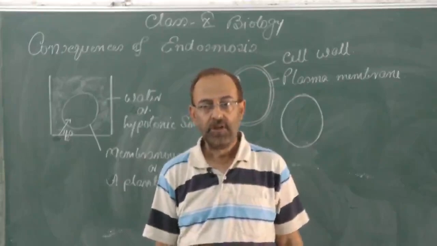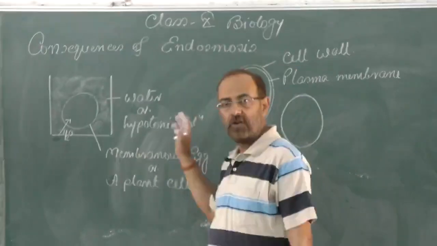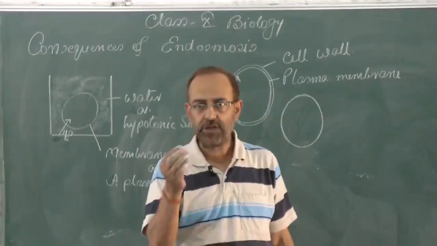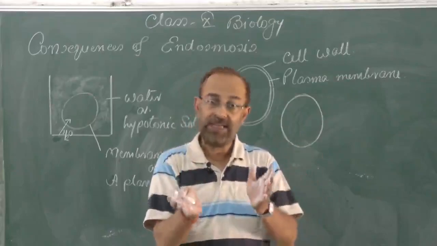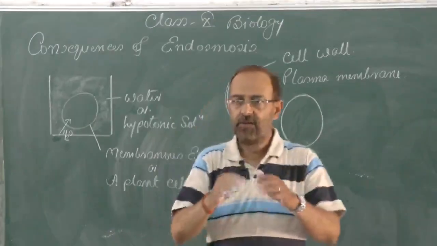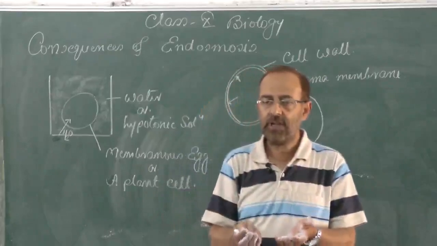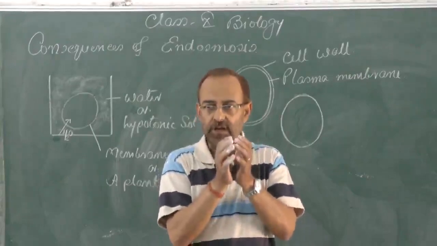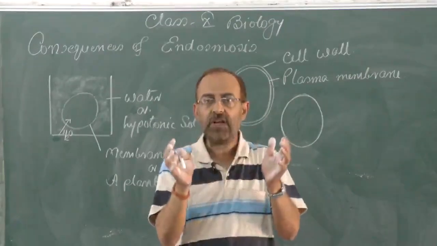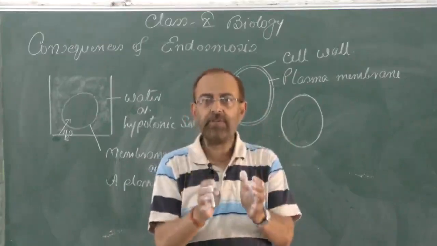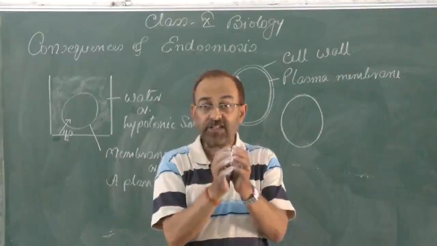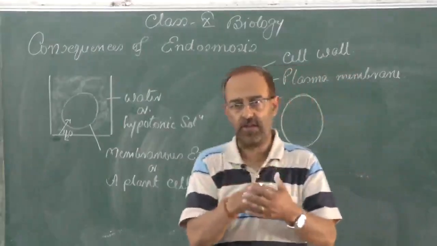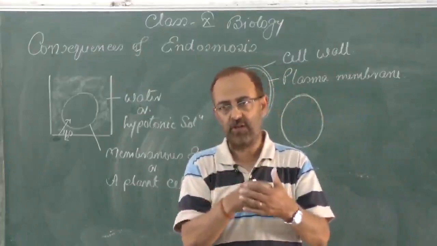So in the process of endosmosis, when there will be continuous inflow of water from an outer medium inside a plant cell, there will be increase in the volume of the protoplasm, and this increasing volume of the protoplasm will exert pressure in outward direction, that is to the plasma membrane, and then plasma membrane being elastic in nature will stretch and ultimately will come in contact of the cell wall, will get adpressed with the cell wall.